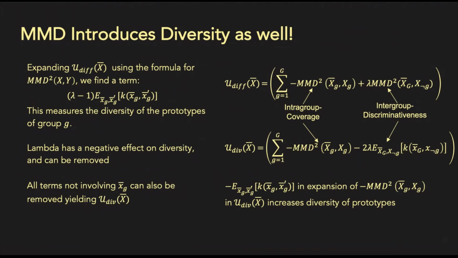We can also remove all the terms which do not have xg bar in them, because they are constants in this respect. So you get a much better optimization function udiv, where the first term stays intact, and we add a second term, which is the only term that deals with xg bar and x not g, and is the intergroup discriminativeness.